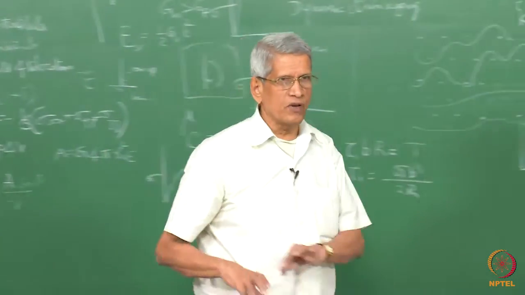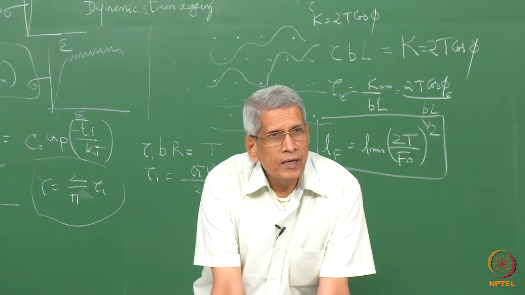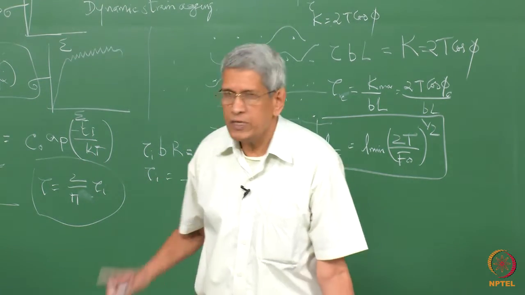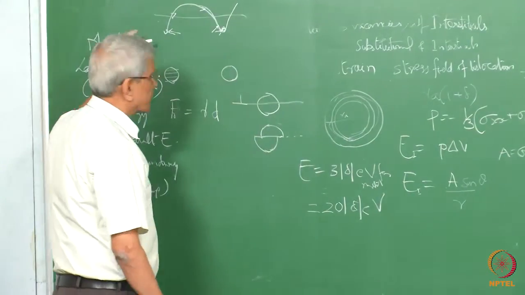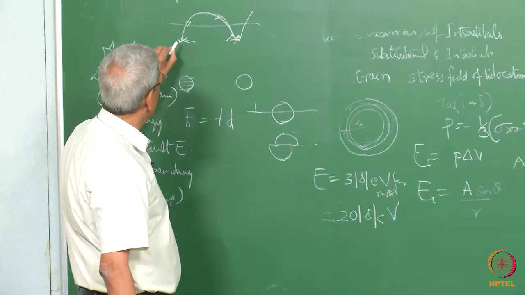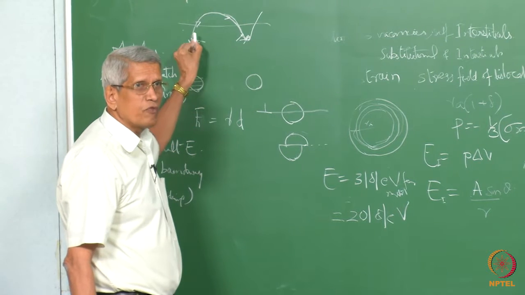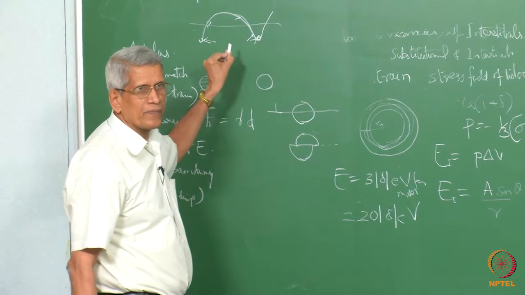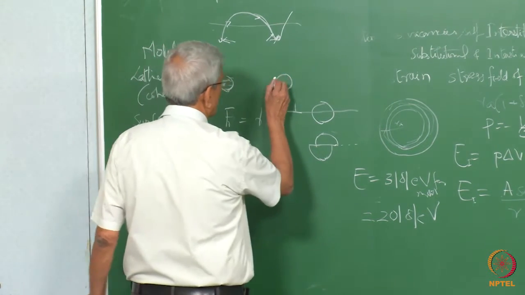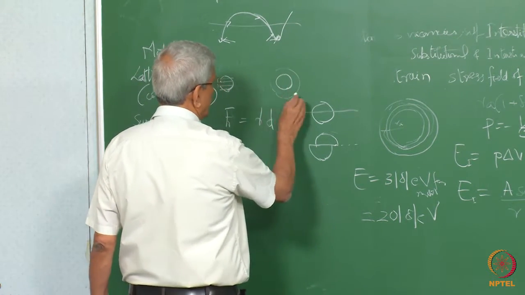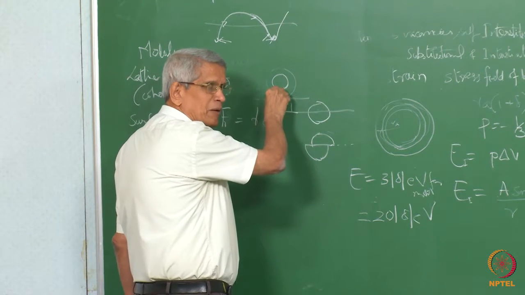So all these effects are going to contribute to strength. As I mentioned earlier, different types of interactions start depending upon where the dislocation is. If there is a coherency strain around the particle, then as the dislocation reaches it, the coherency strain part will be acting.